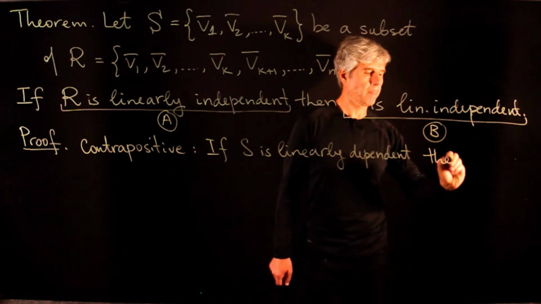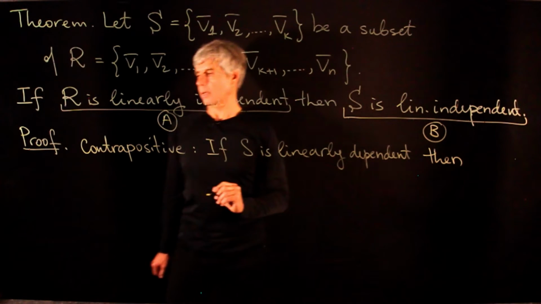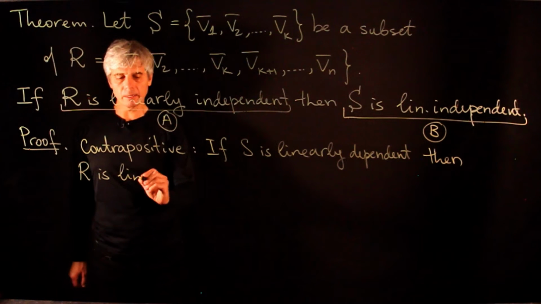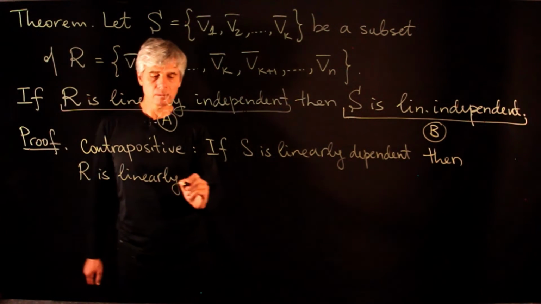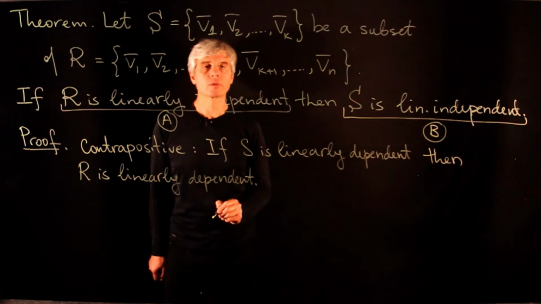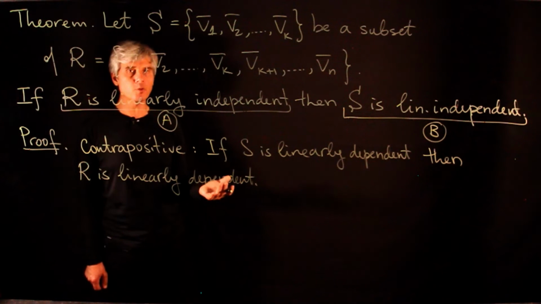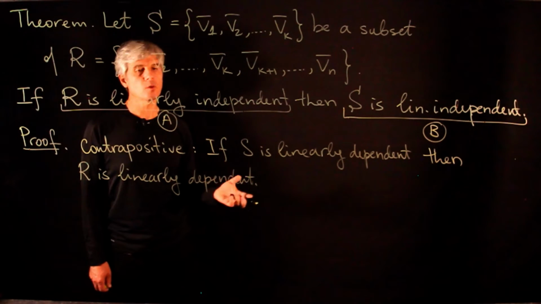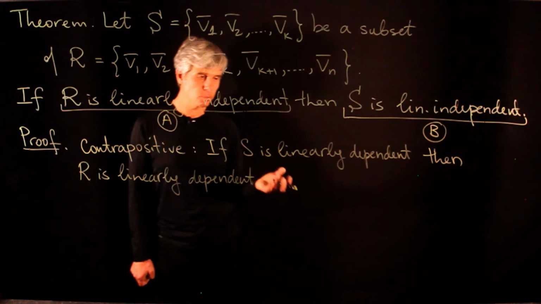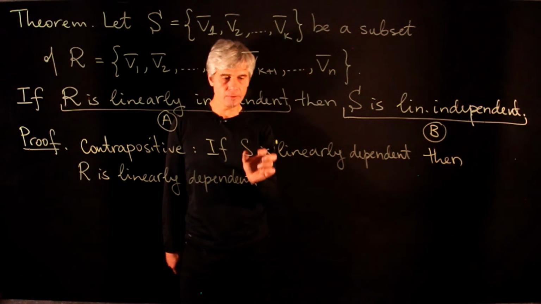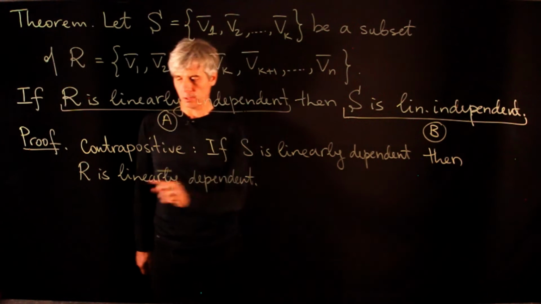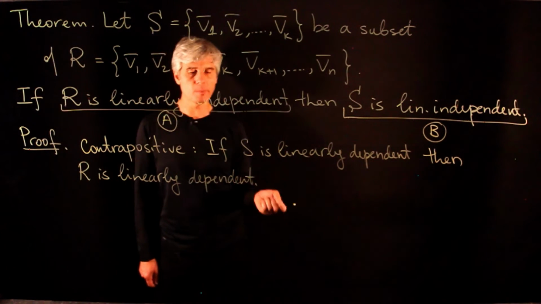then the larger set R is linearly dependent. So now, instead of proving that a subset of a linearly independent set is linearly independent, we're actually proving that if we take a linearly dependent set and enlarge it, then the result is still linearly dependent.